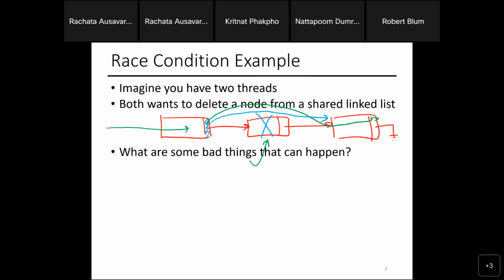One possibility: what if you want to make sure they run in parallel? I want to be able to make sure for the most part, thread 2 and thread 1 will happen in parallel. Because how many times do you delete a node from a linked list? Not a lot. You're going to read it a lot, you're going to access it a lot, but you don't modify the linked list a lot in many cases.